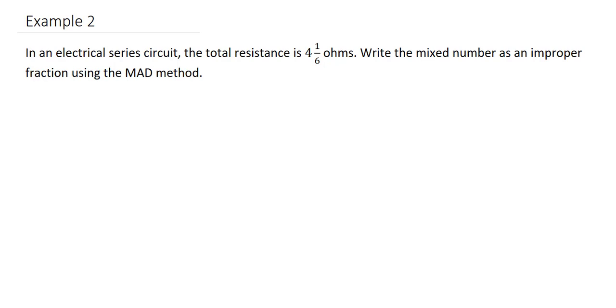In an electrical series circuit, the total resistance is 4 1/6 ohms. Write the mixed number as an improper fraction using the MAD method. So let's go ahead and rewrite this as 4 1/6. So the first thing we're going to do is multiply these numbers together.